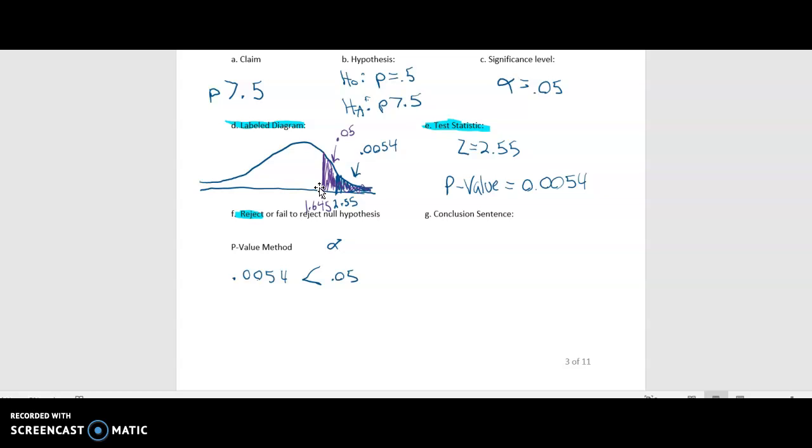Since this is a right-tailed test, we're rejecting because this 2.55 is more extreme, or greater than 1.645. So you could use either method, but these are both ways that are showing us that we're rejecting, because the fail to reject region is the unshaded region.